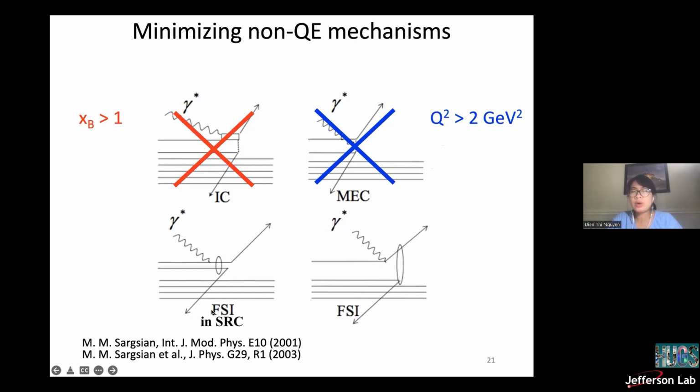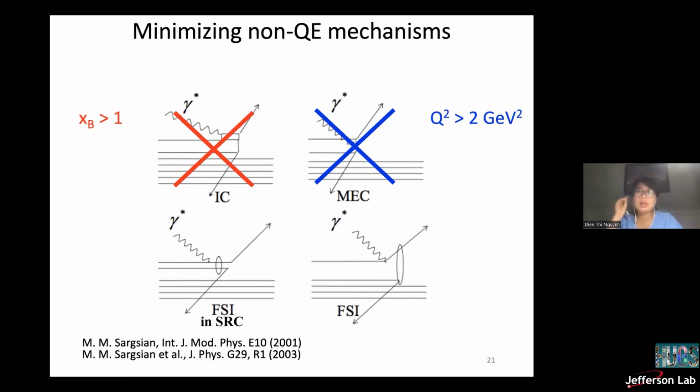So I highly recommend you take a look at this review paper so you can have a better understanding of all these non-quasi-elastic contributions and the calculations that have been done in order to suppress these processes. There is so much information there that we cannot go into detail.